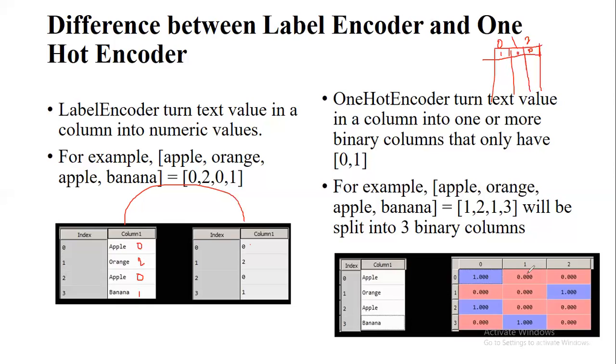Then for orange, which is 2, it will put 1 there and the remaining 2 are 0. Again apple means it will come with 1, and the remaining 2 are 0. Then banana means 1 here, and the remaining are 0. So this is how label encoder and one hot encoder work, and this is the difference between them.